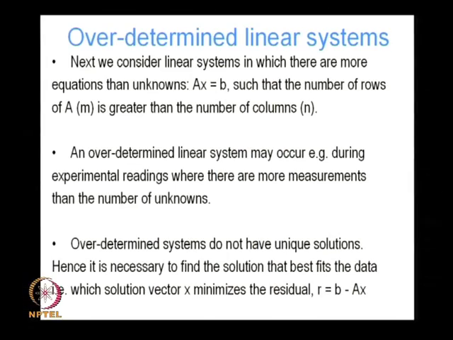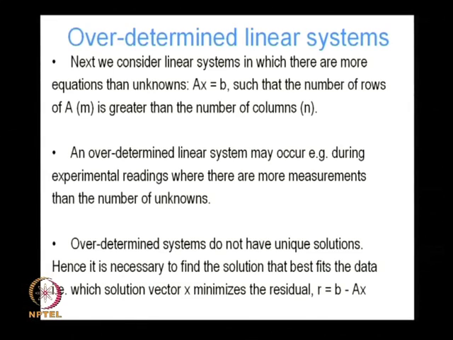Specifically, we want to talk about systems which are overdetermined, where the number of equations is more than the number of unknowns. That means we are considering a system Ax equals B such that the number of rows of A, m, is greater than the number of columns, n.